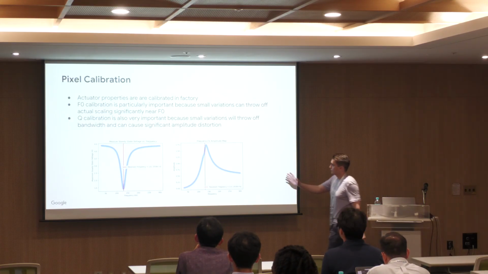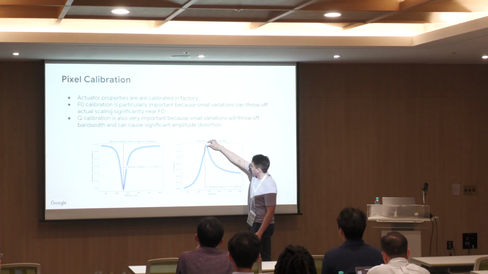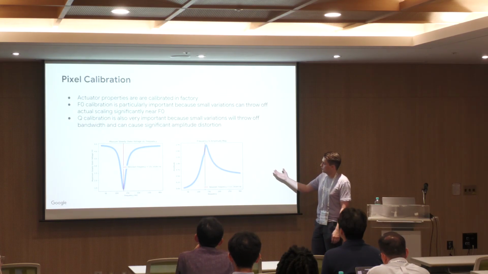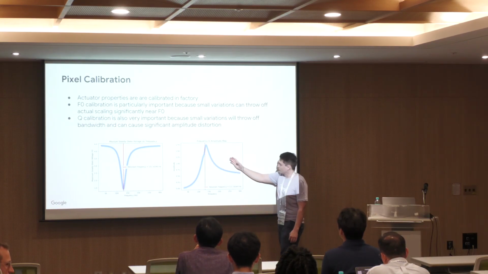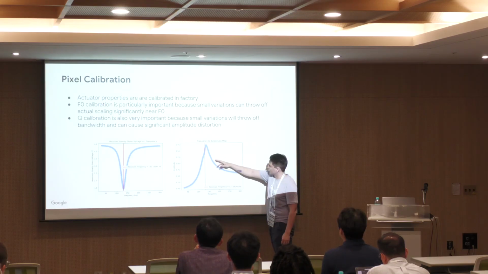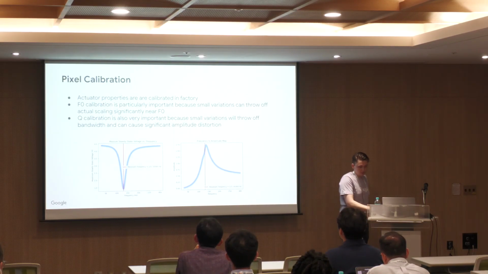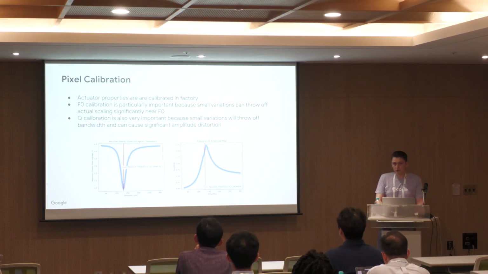For instance, if the Q value is wrong and the map is significantly narrower on your actual device than you are reporting to the Android framework, then you're also going to have effect distortion, as values around here come in below the expected acceleration value because of the hardware safety features or the HAL limiting the voltage output.